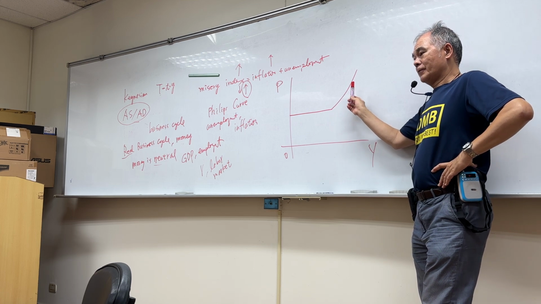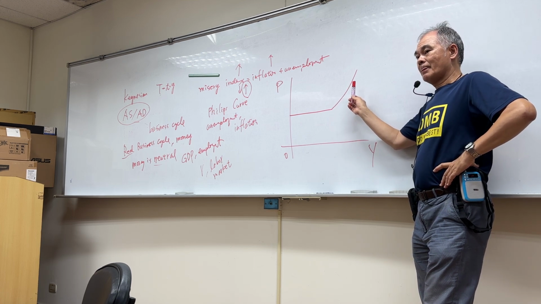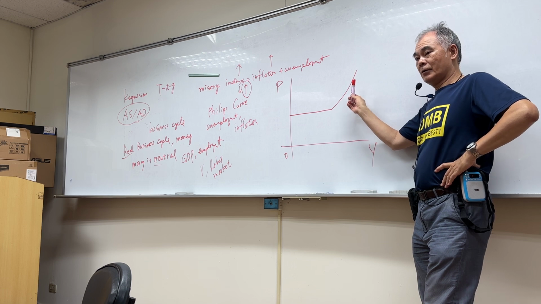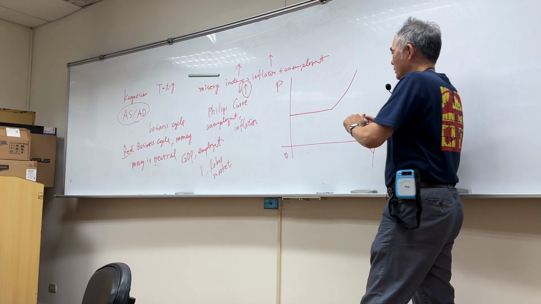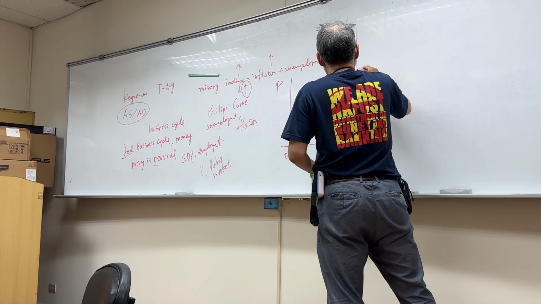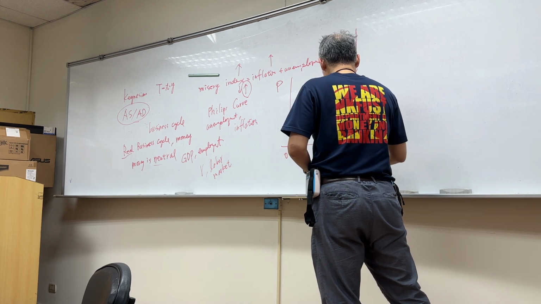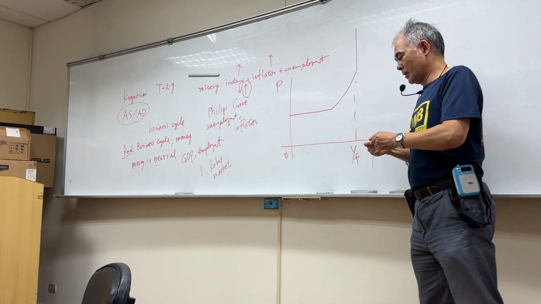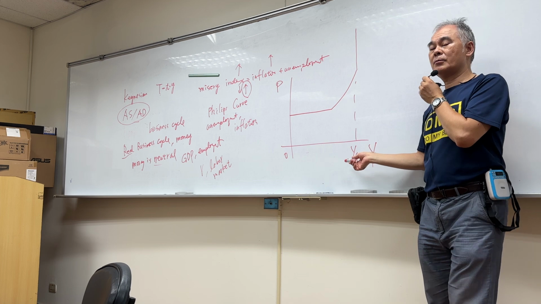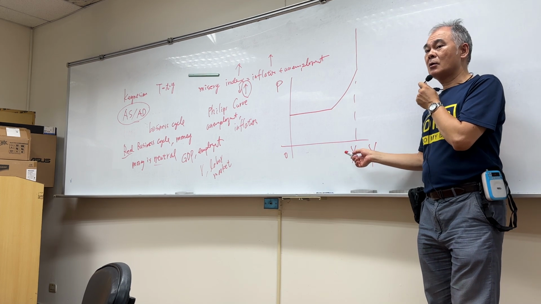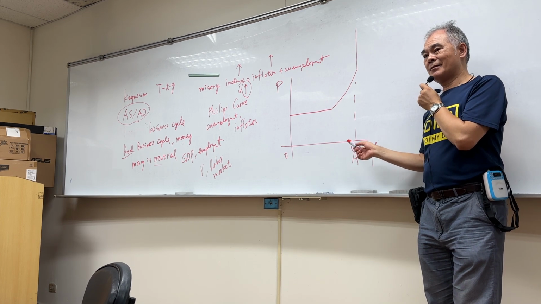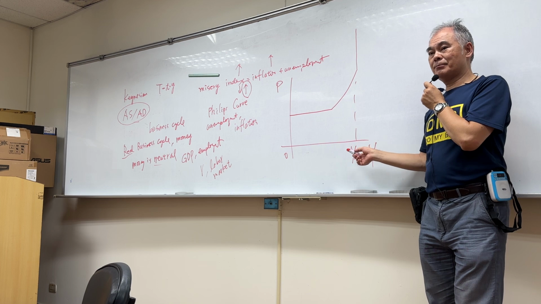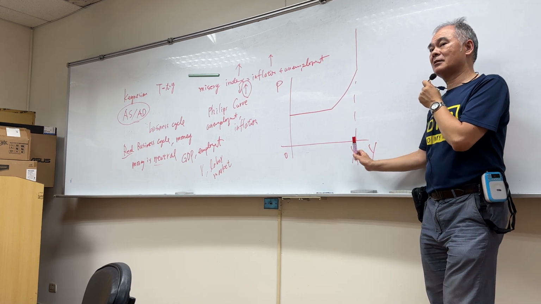And generally for an economy, the production level is fixed at here, we call it YF. This is the concept we have. This is the full employment production level. So basically, whatever an economy can produce, this is the limit.